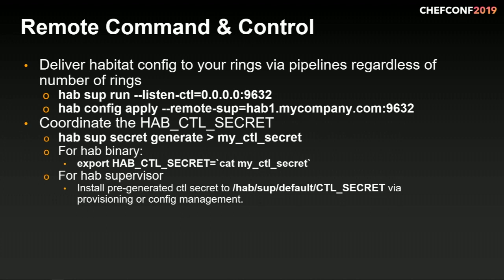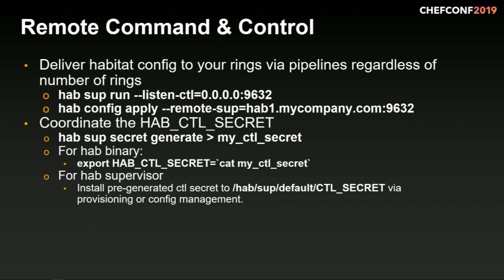If you're delivering your configuration changes for Habitat through a pipeline, you can leverage the command and control structure of remote supervisors to coordinate the same configuration change, the same remote actions, on n number of clusters through the same pipeline, as if it were one global one. The way that you do that securely is by coordinating your hab-cuddle secrets that are used to authenticate with the control gateway for the Habitat supervisor.